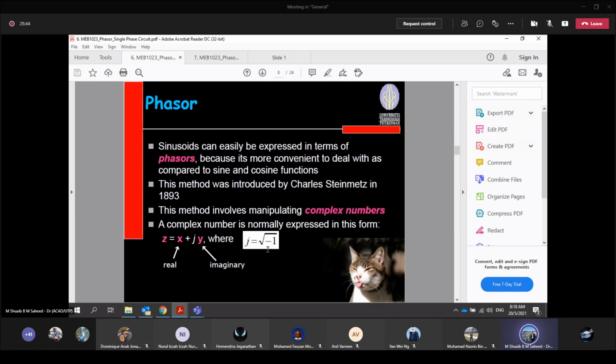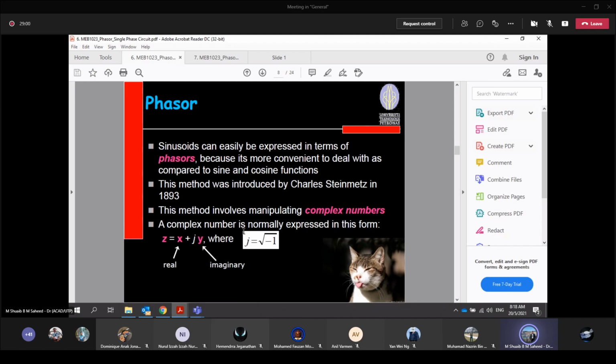In some cases, we also interchangeably use the symbol i. Instead of this j we use i. It is also correct, no issue, as long as we know the meaning of it.